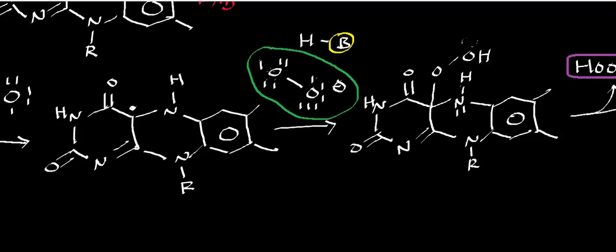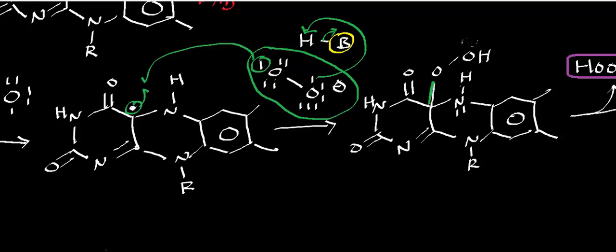Okay, and now what's going to happen is you're going to get a coupling reaction. Okay, so number one, this lone electron that's right here on the molecular oxygen is now going to couple with this radical that's on the FADH semiquinone. Okay, and that's going to create this bond right there. And then also at the same time, the negative charge on the superoxide is going to come over here and abstract a proton from the base.